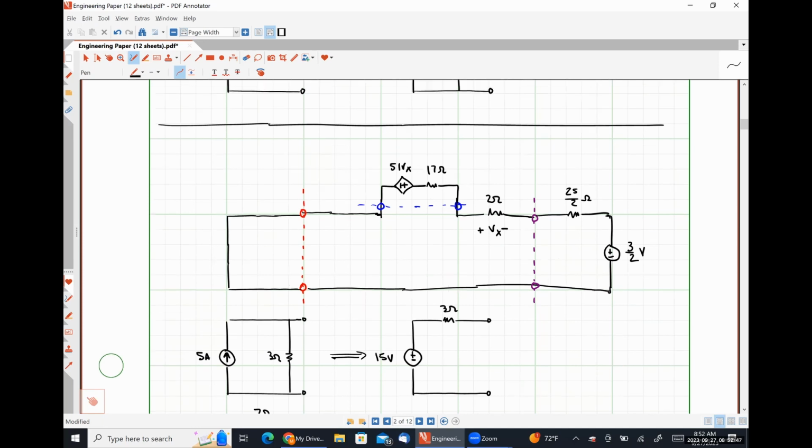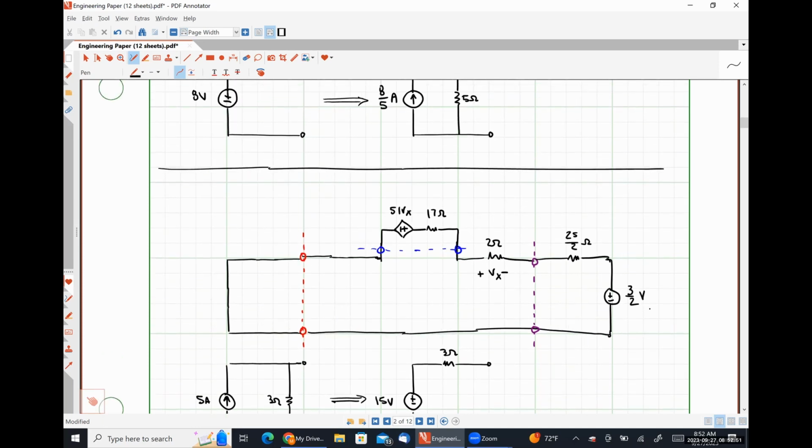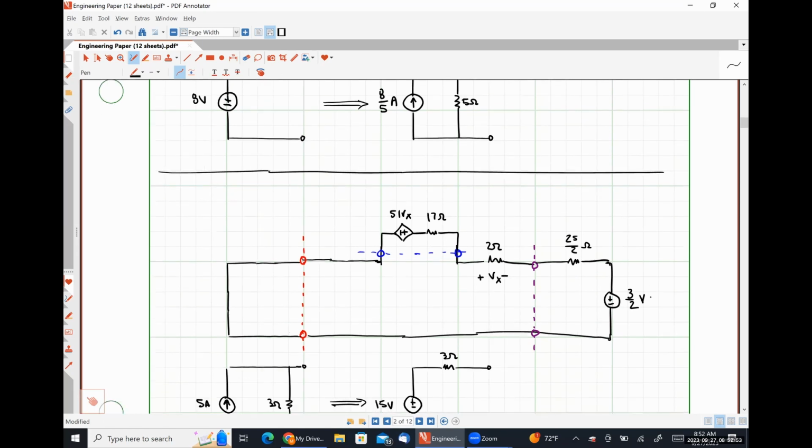3/2 is 9 minus 15/2. Right, so 9 is the same as 18/2. 18/2 minus 15/2 is 3/2. And they were subtracted, the voltage sources, because they were of opposite polarities.